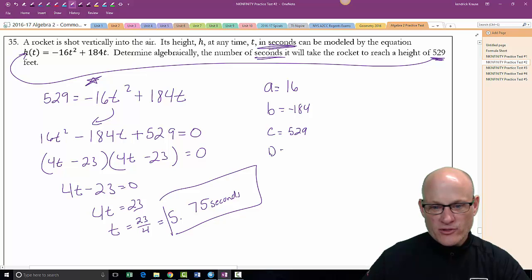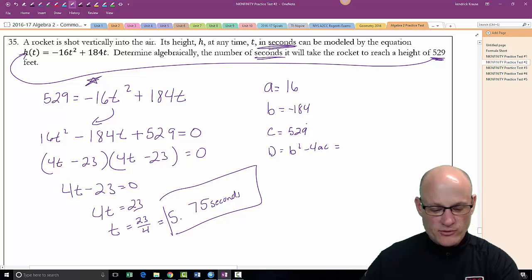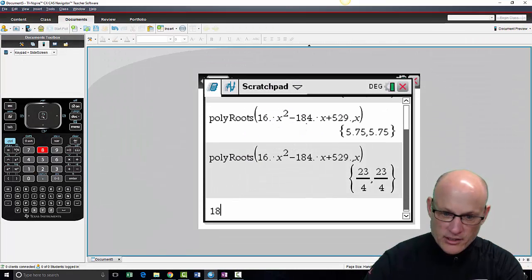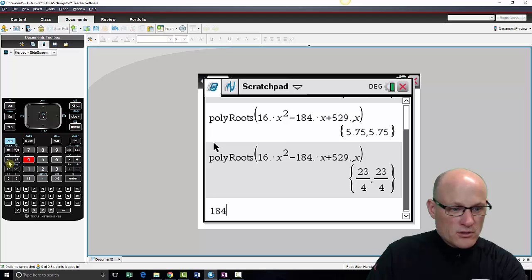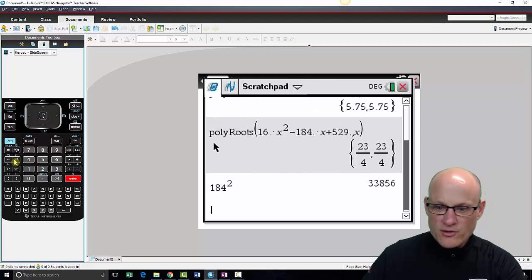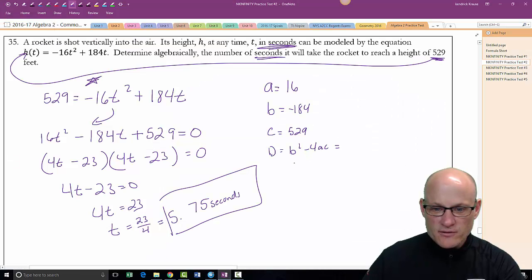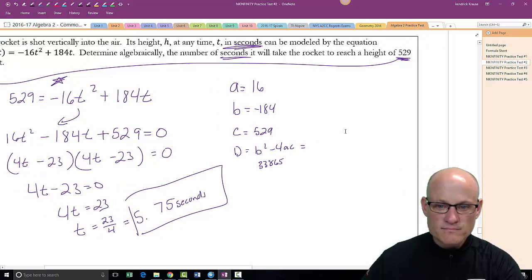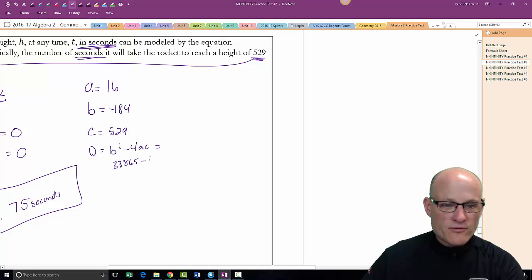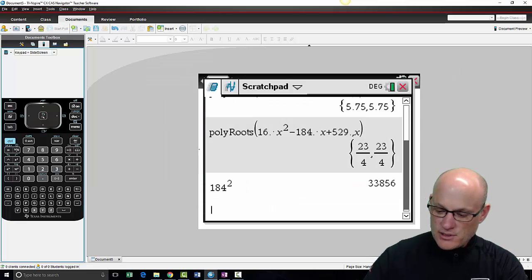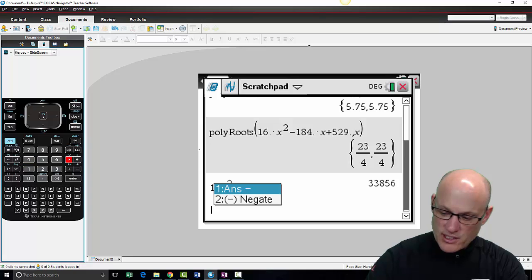And your discriminant, which is b squared minus 4ac, is equal to, so you come over here, we do 184 squared, 33,856, minus 4 times 16 times 529.